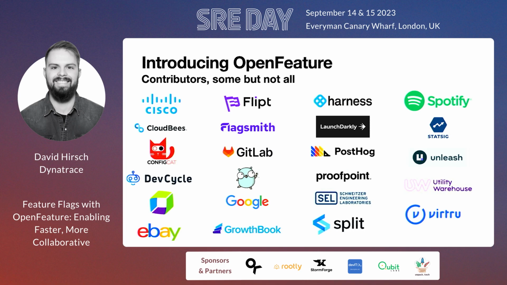So this was actually one of the first steps we took when starting the project. We reached out to feature flag vendors, and we said, hey, we have an idea for a new standard, a new specification, call it what you want. Would you be interested in participating? And we received really great feedback. Everyone was excited. Said, oh, great. Finally, we can do this.